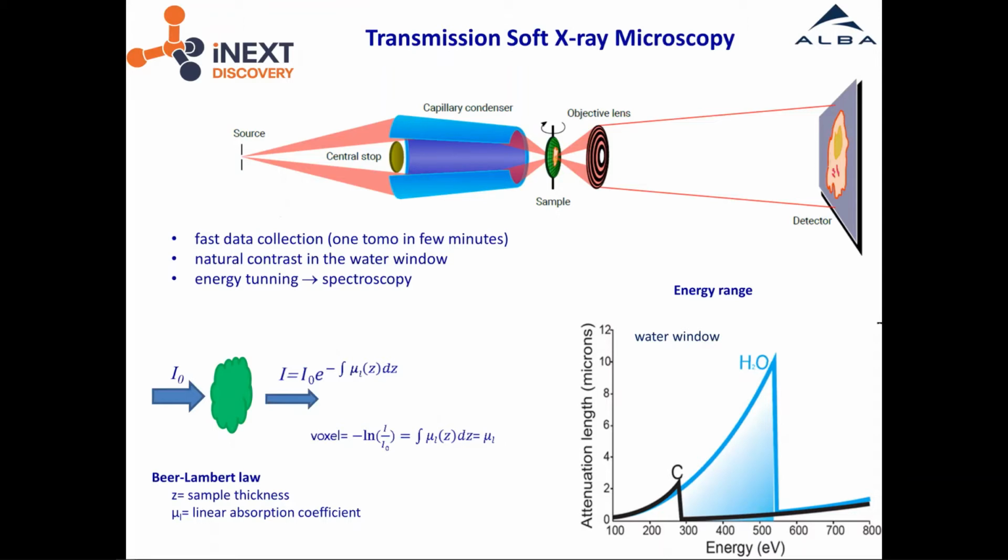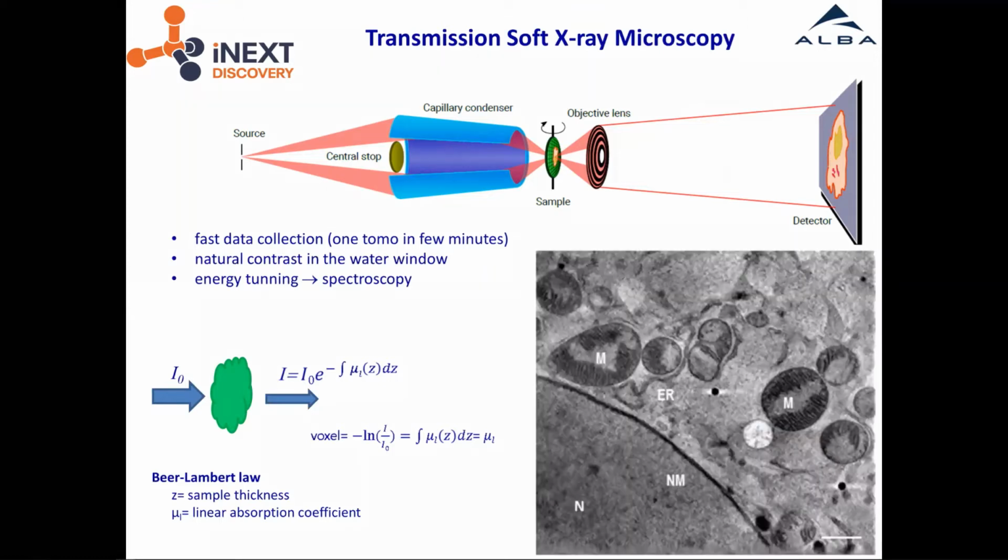So when you reconstruct the tomography, the value of each of your voxels is directly the linear absorption coefficient of your material, so of your atoms. Because of this, by tuning also the energy, you will be able to do spectroscopy in your sample.